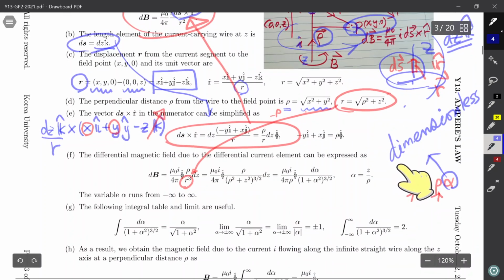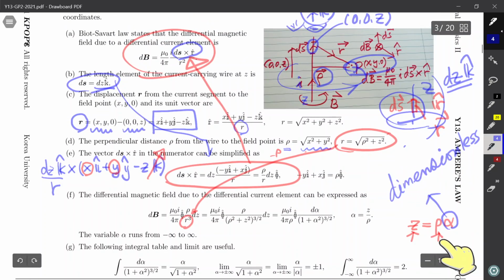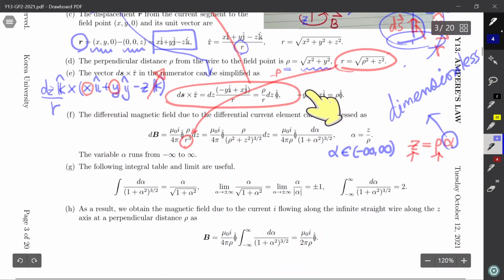It's dimensionless, and the coordinate z runs from minus infinity to infinity. So alpha runs from minus infinity to plus infinity. We have an integral. We have to evaluate this integral. But if you compute the derivative of this, we'll find this.